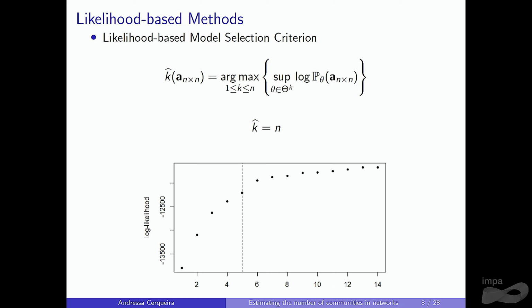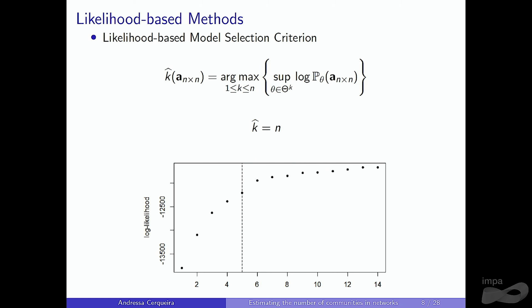And then when I change the parameter space, what happens with the likelihood is that the likelihood is an increasing function. I'm sorry because it's not possible to see, but here this x is just k, right? So this is k, the number of communities. And then I see that the log likelihood is an increasing function, right? So suppose that I have a network with 5 communities, right? So I just write this dotted line.